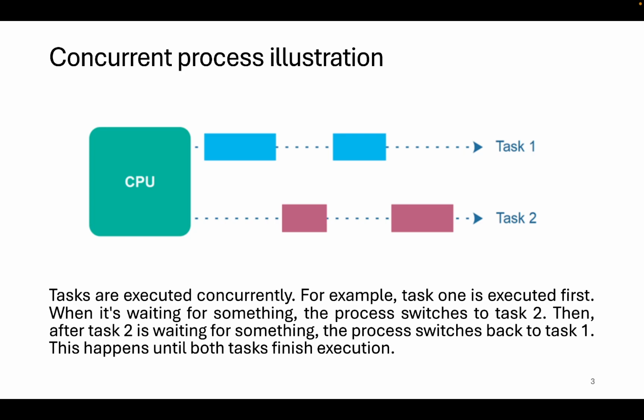Then after task 2 is waiting for something, the process switches back to task 1. This happens until both tasks finish their execution. This is the simple illustration of concurrent processing.